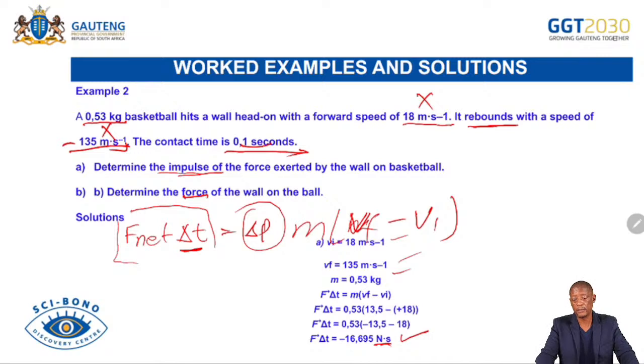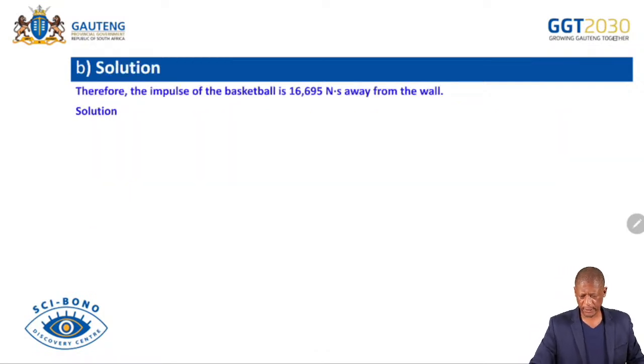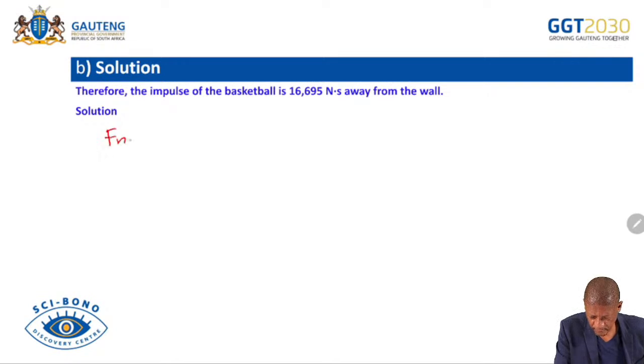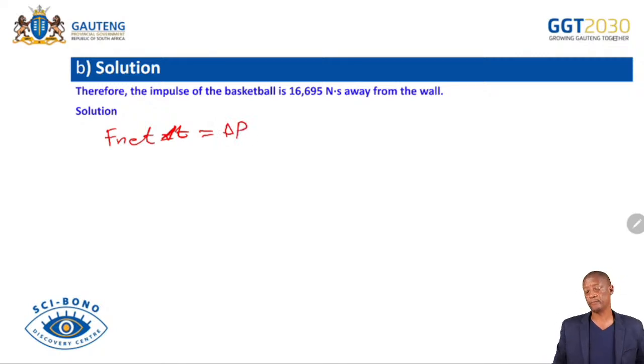Okay, learners, are you with me? Do you see how to calculate the impulse? Then let's move to the second one, to calculate the force. Remember I said to calculate the force, net force times change in time equals the change in momentum.